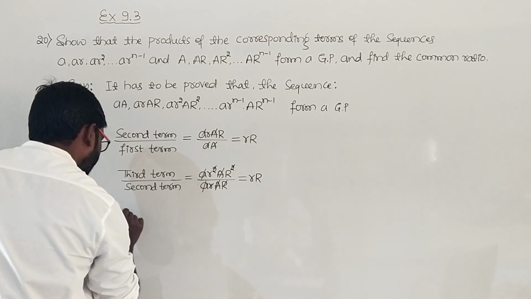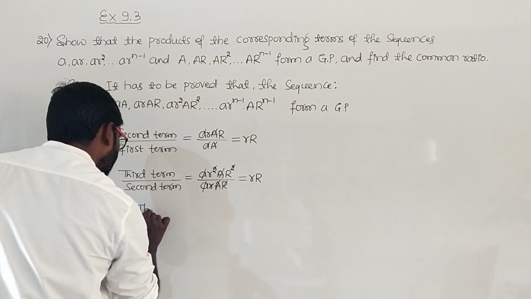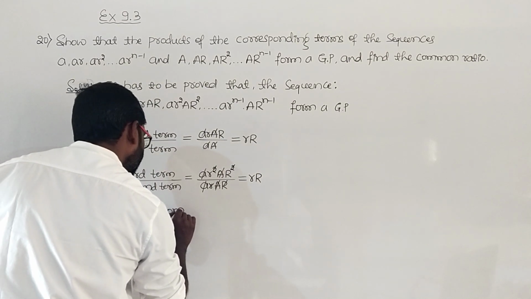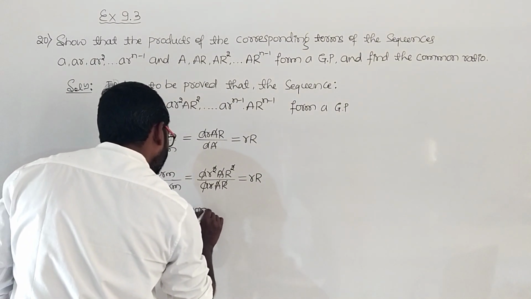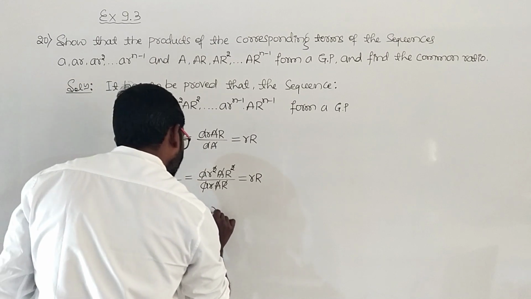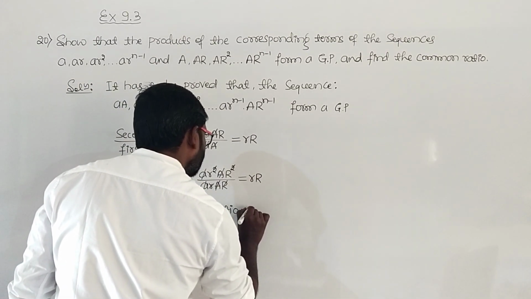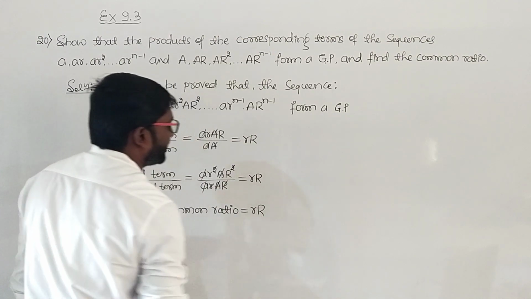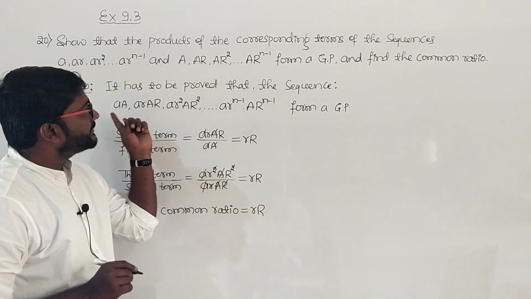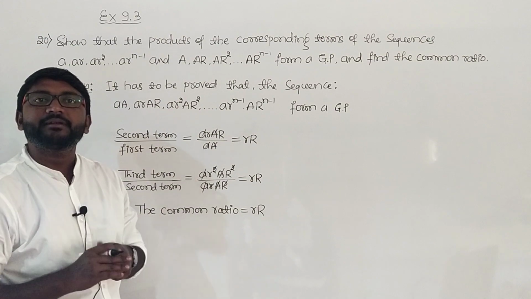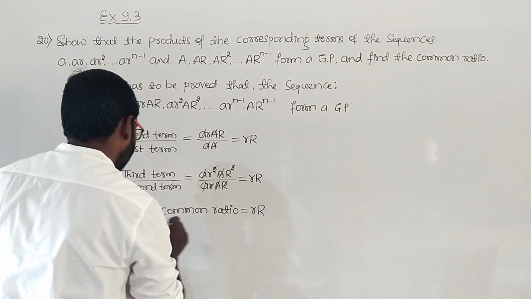Therefore the common ratio is equal to small r into capital R, and hence the above sequence forms a geometric progression.